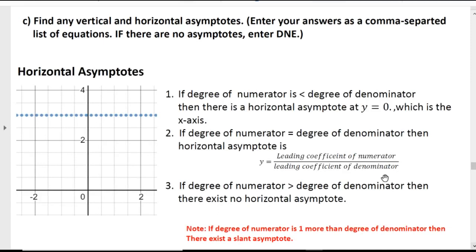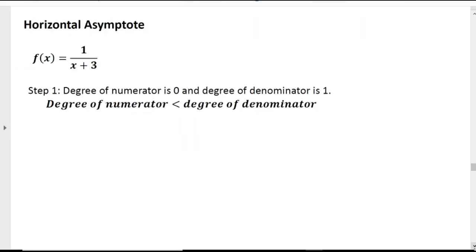Horizontal asymptote, there's 3 situations: when the degree of the numerator is less than the degree of the denominator, when they're equal, or when it's greater. If the degree of the numerator is 1 more than the degree of the denominator, then there will be a slant asymptote. So here the degree of the numerator is 0 and the degree of the denominator is 1.